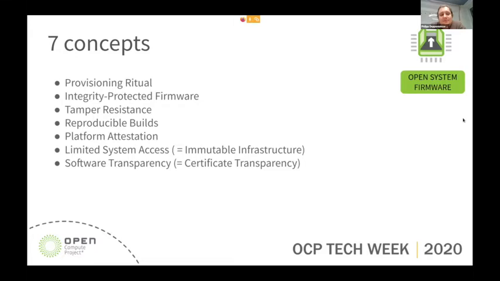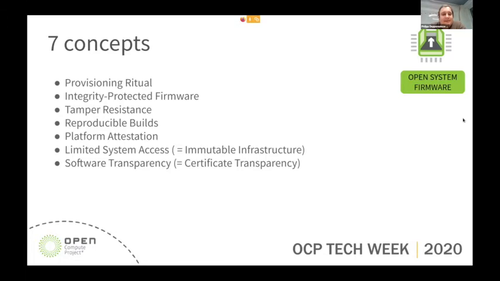And the most interesting part of system transparency is software transparency, which is basically similar to certificate transparency, a concept of Let's Encrypt. So probably you have heard of the Let's Encrypt certificate service, which is used nearly everywhere now on the internet.